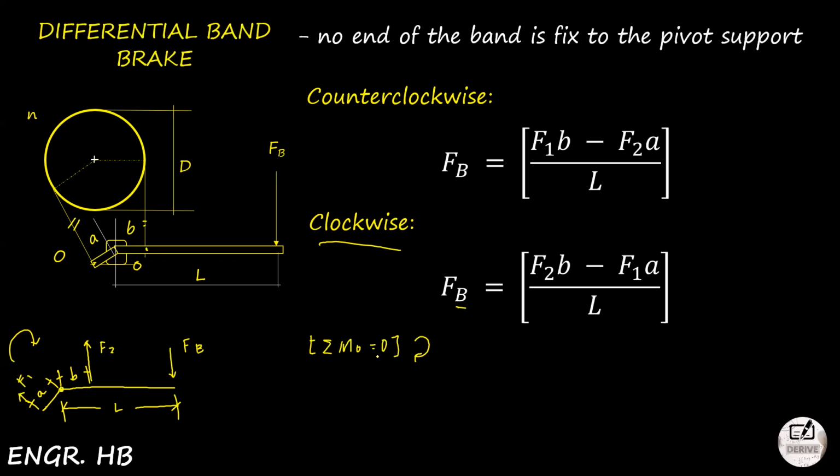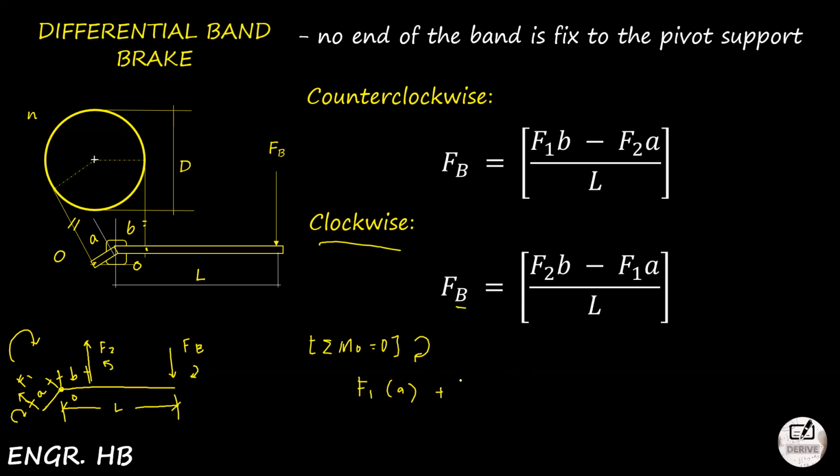From the free body diagram, the perpendicular distance is the letter A, plus FB, since they have the same sense about point O.